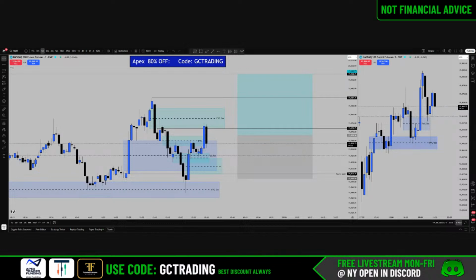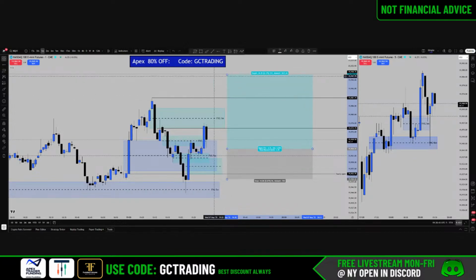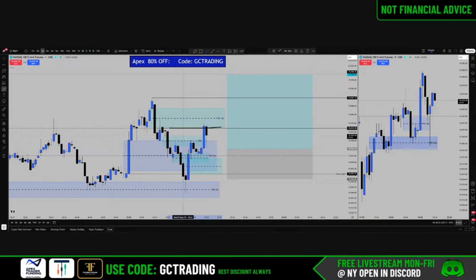Okay. Small little scalp. My entry was 6.425. Stop was there. I was looking for that run, came back down, tagged it. We might still flip through here, but I did not want to risk tapping this 1 minute gap and then just flipping down, which is kind of what we did.